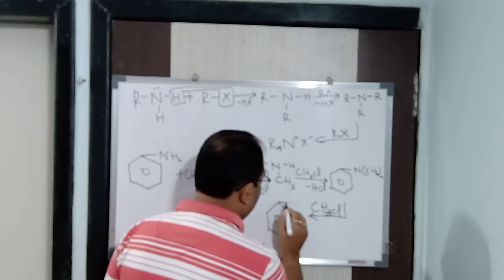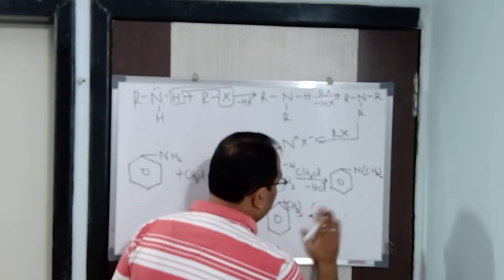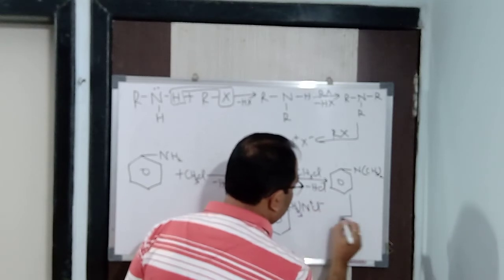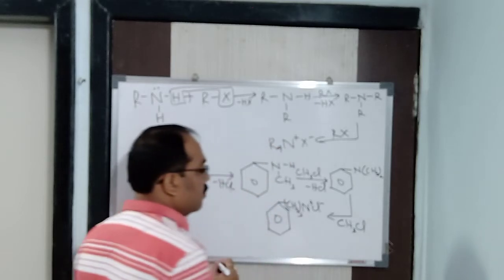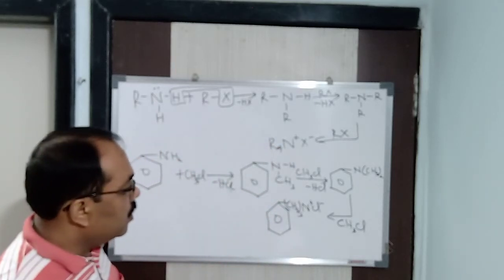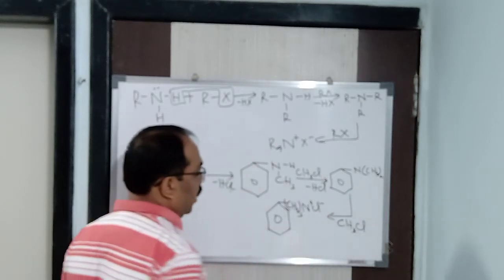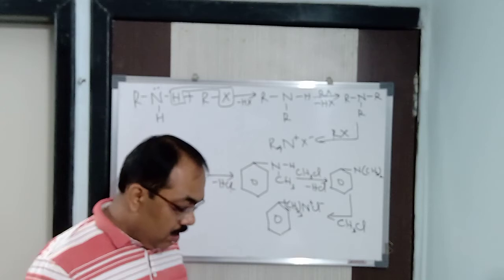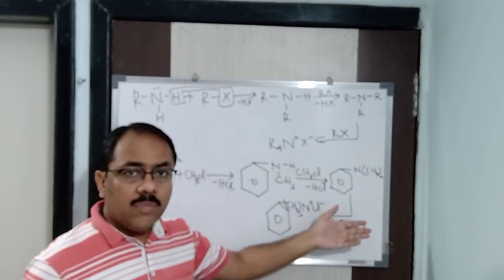It will be N(CH3) whole thrice, N+ Cl-. You will be getting N(CH3)3 N+ and Cl-. Finished. So these are the different types of anilinium compounds you are getting.